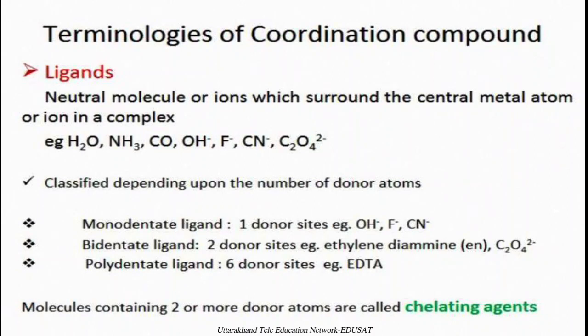The molecules which contain two or more donor atoms on the same molecule are called chelating agents. It means when the donor sites available on a particular ligand are more than one, they can be called chelating ligands.